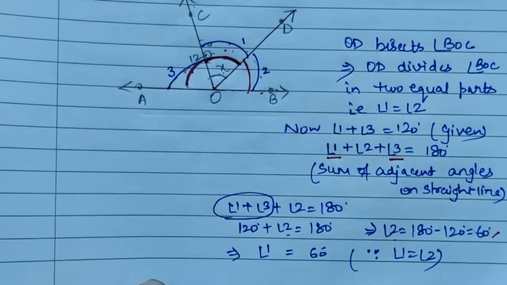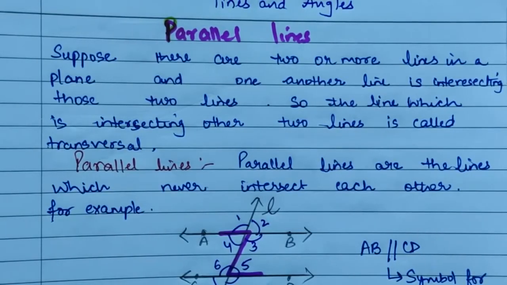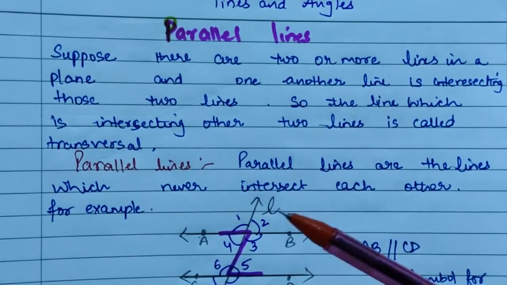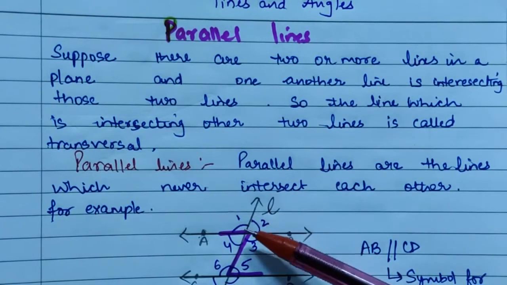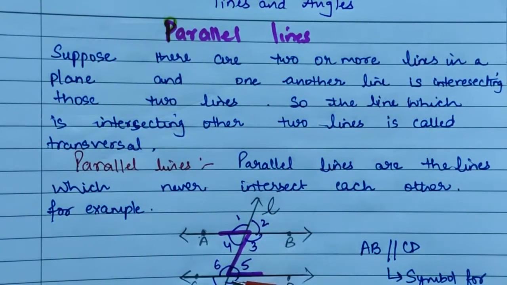Now let us discuss parallel lines. Suppose there are two or more lines in a plane and these two lines are not intersecting at any point. So these two lines will be parallel lines.